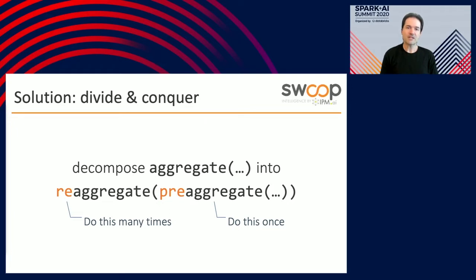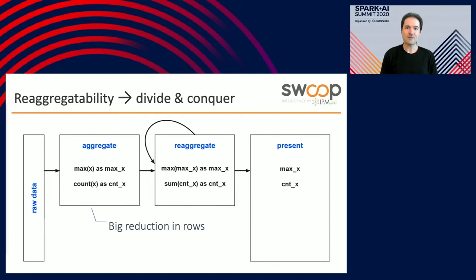So if we could break that operation into, say, a pre-aggregation phase that gets done once, and then rather than going to the original data, we could use the pre-aggregated data over and over and over again to satisfy queries. That would be a way to run a lot faster. And the property of data that allows this to happen is its reaggregability.